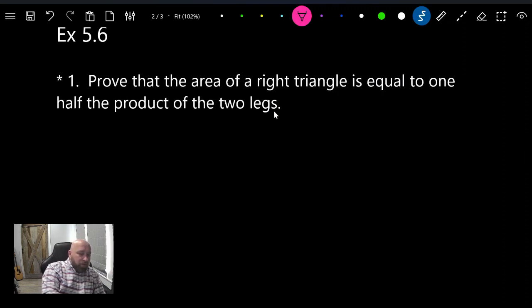Now, I wanted to show you something before we really get into it. Notice next to question number 1 in your book, it has this asterisk. What in the world is that? The reason it's there is because if you go back in the book, to where they first started doing these, I think it's chapter 2, they say that these problems with the asterisk are very important because they're actually used in the future.